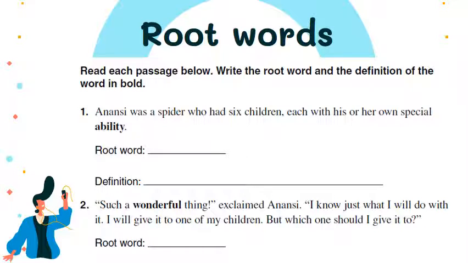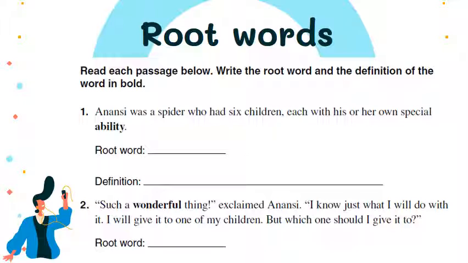This is an exercise on root words. Read each passage below. Write the root word and the definition of the word in bold. Number 1. Anansi was a spider who had 6 children, each with his or her own special ability. Okay, think of the word ability, the bold word. What is the root word?